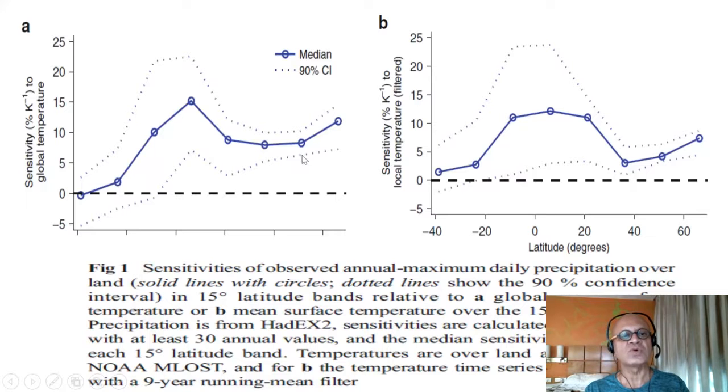which is somewhere closer to Clausius-Clapeyron in the subtropics, increases to super Clausius-Clapeyron here in the mid-latitudes, and in both cases, well, here it's a little bit closer to Clausius-Clapeyron when we use regional temperature sensitivities. In the tropics it's higher, again potentially related to the dynamical feedbacks.